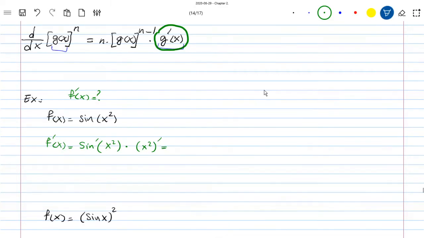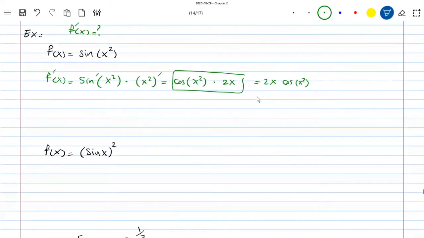What is the derivative of sine? Simply cosine, the x squared there, multiply by the derivative of x squared, 2x. This is the derivative. There is no prime involved anymore. So you can rearrange them and say, okay, 2x cosine x squared if you want. Same thing.